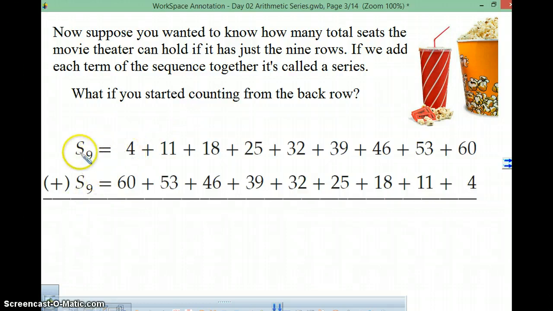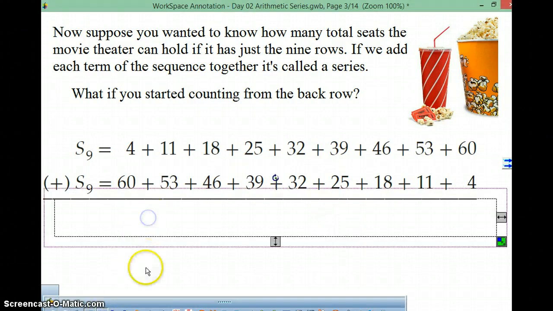Okay, let's say that the series looks like this in one direction, but we could also rearrange everything and make it look like this. Do you see any patterns? Can you find the number 64 here anywhere? Where is it? Look at this. Do you see 64?